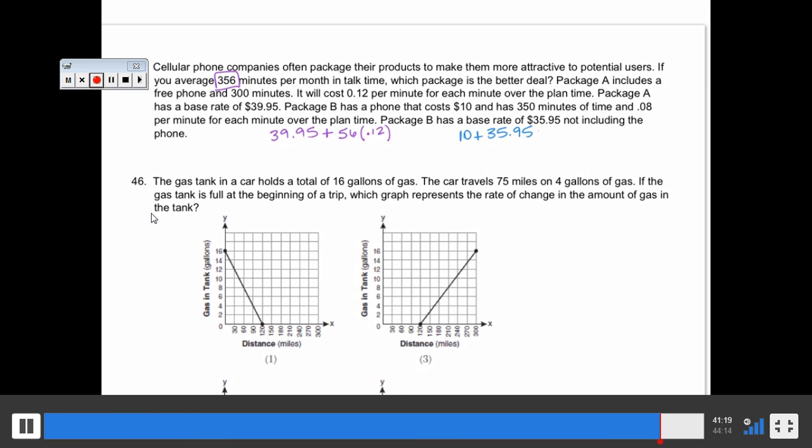So then we have to add in that each additional minute over the 350 that is included, so that would only be 6 minutes, is 8 cents. So now you just have to see which one is more expensive. And after doing those calculations, just barely, Plan B is a better deal.